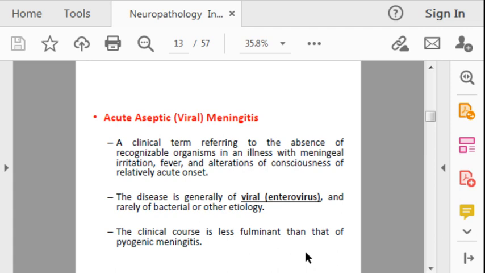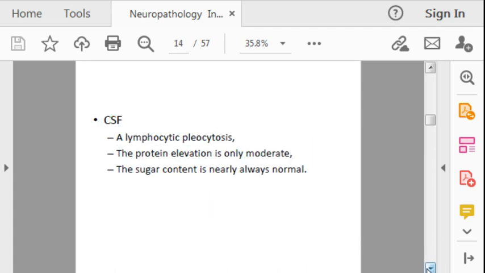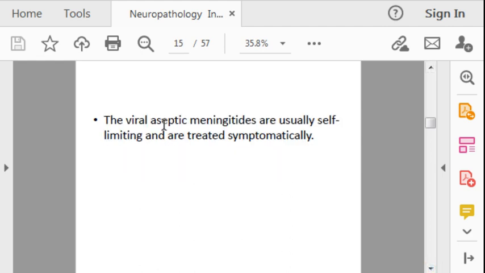The clinical course is less fulminant than that of pyogenic meningitis. The CSF typically shows a lymphocytic pleocytosis. The protein elevation is only moderate. The sugar content is nearly always normal. Viral aseptic meningitis is usually self-limiting and is treated symptomatically.